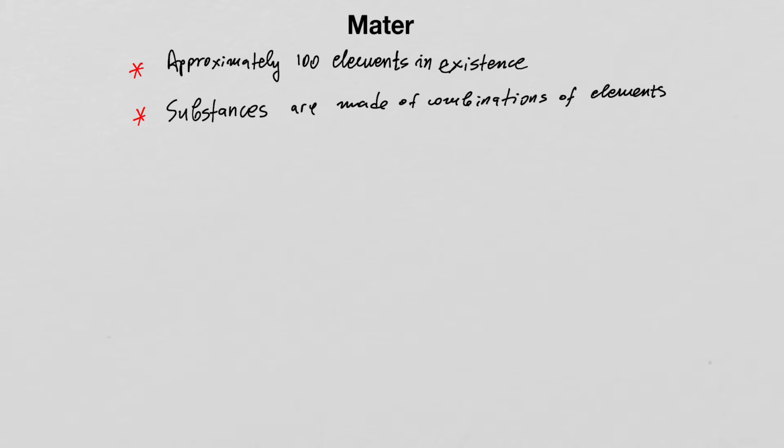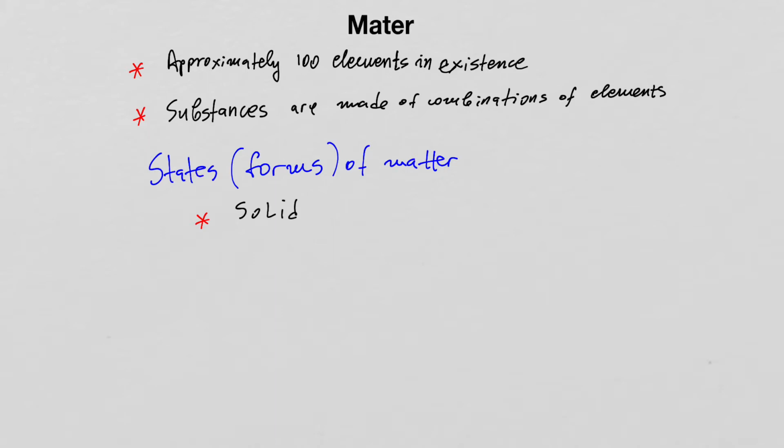However, the variety of combinations can be divided into four basic forms or states. So the states or forms of matter are as follows: solids, liquid, gas, and plasma.